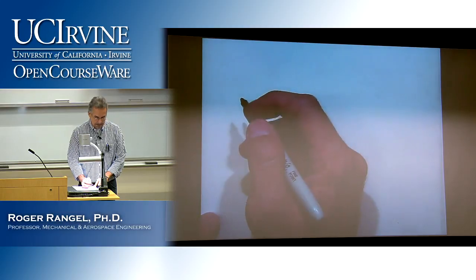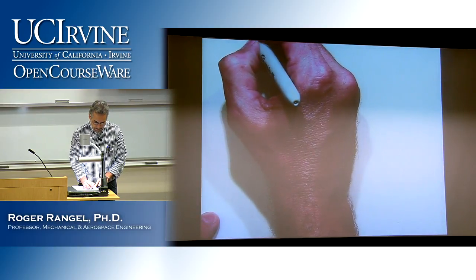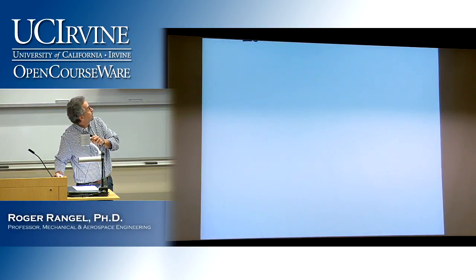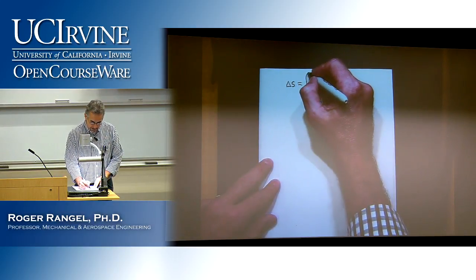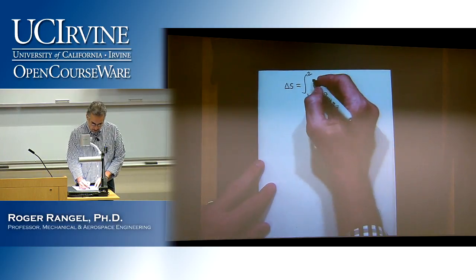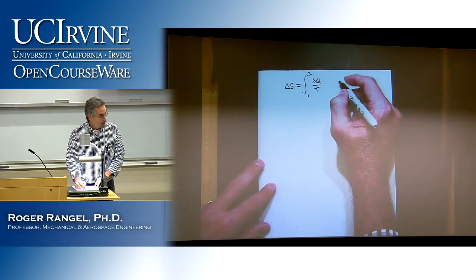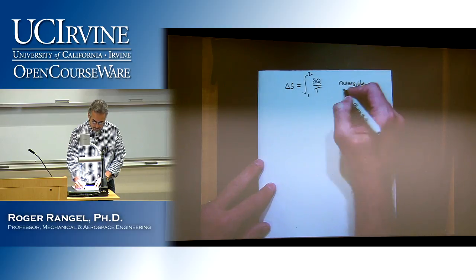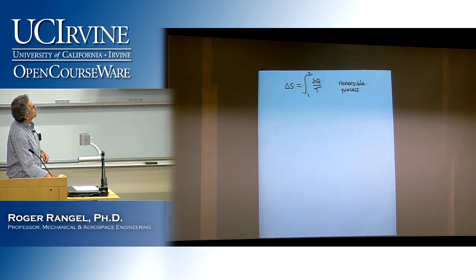We just found that delta S is equal to the integral from 1 to 2 of delta Q over T for a reversible process. So we still have that warning label here. All right, for a reversible process.